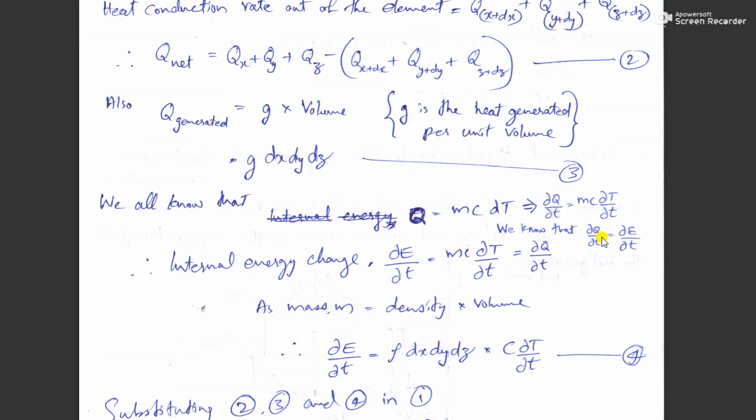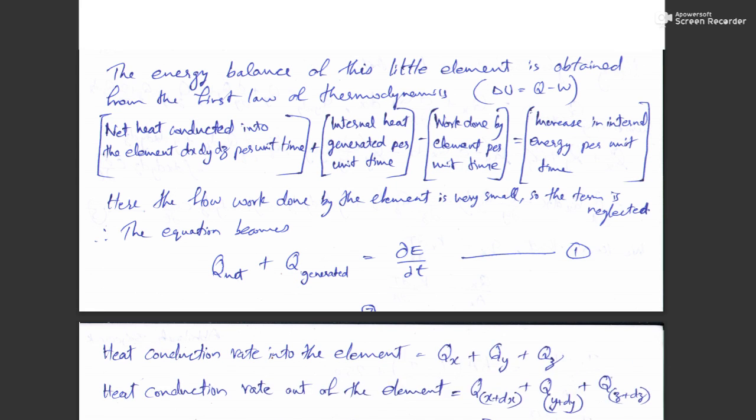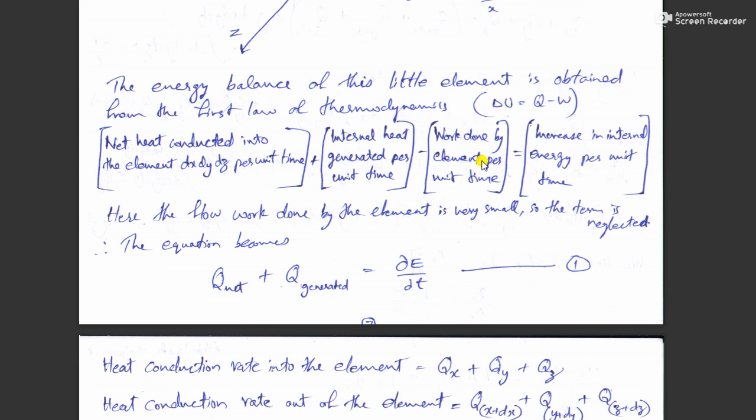We all know that dou Q by dou T is equal to dou E by dou T, because the change in internal energy is equal to the change in heat. That's because we have neglected the work term in this equation.